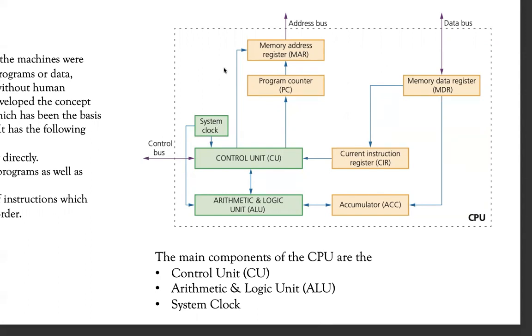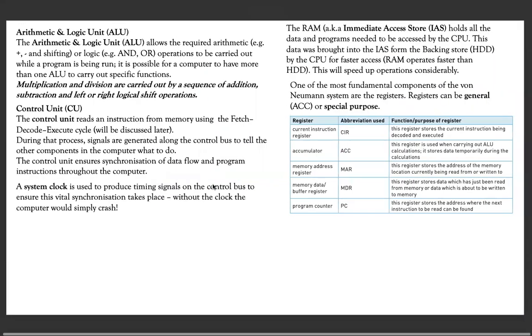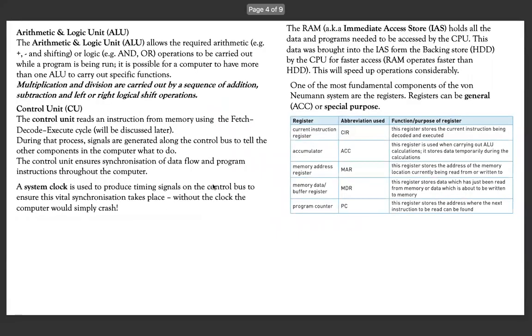So we have the control bus, address bus, and data bus. Collectively, we can refer to these three buses as the system bus. If my CPU is communicating with devices outside of the CPU, outside of this area, it is thanks to this system bus. Okay, now let's look at the different parts of our von Neumann architecture, starting off with the arithmetic and logic unit.